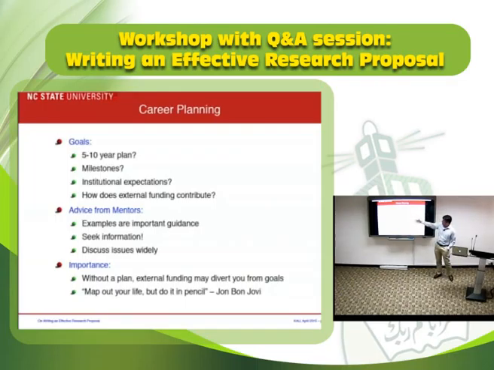Now, you also need to talk to mentors. In our department, what we do is when a new faculty is hired, we immediately assign 2 mentors to that faculty. One mentor in the specific research area where that faculty works, and then the second mentor can be in a different area, okay?